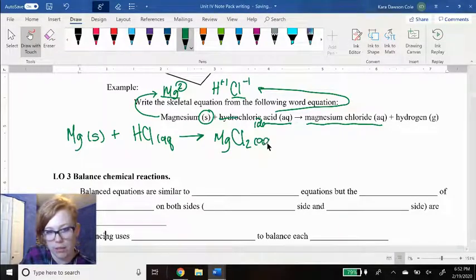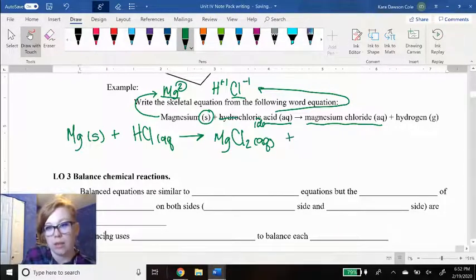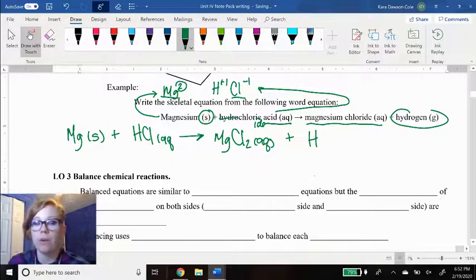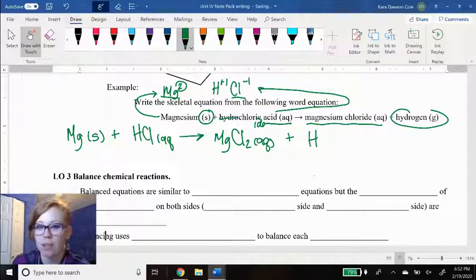This is aqueous plus hydrogen. Well, I know hydrogen is H, right? This is where it's going to become important for you to remember the Magnificent Seven, right? So Magnificent Seven are the 7 elements that are diatomic. They have 2 atoms bound together.